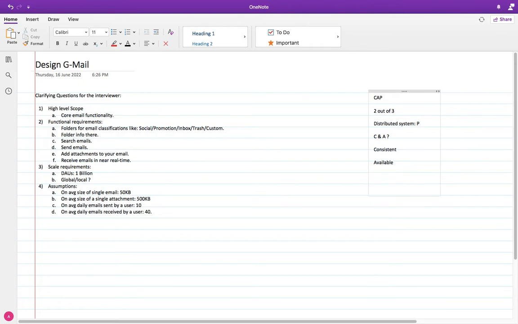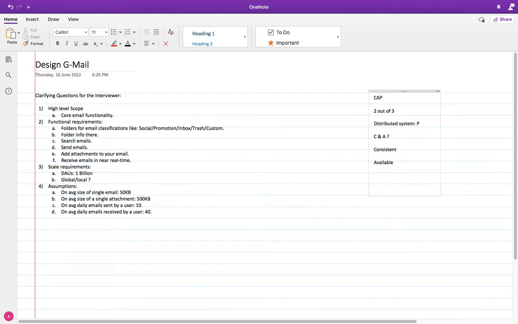How would you decide? You know about the CAP theorem, you know only two out of three things could be available at the same time. In a distributed system partitioning is there, then the only deciding factor is whether we should consider consistency or availability.